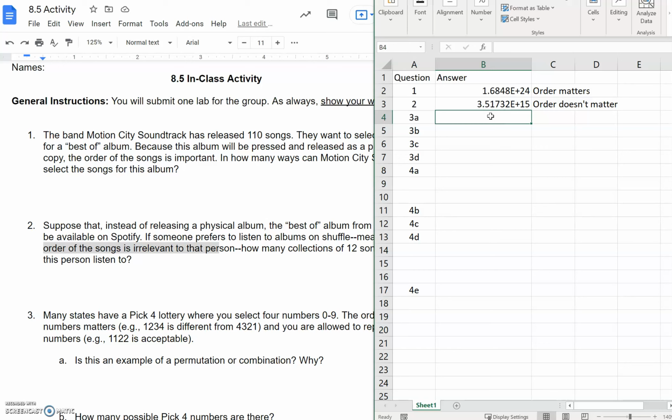But when I take each collection and then say I can order them in a certain fashion, that makes even more. So permutations should generally be larger than combinations, as long as we're talking about the same number of items to choose from and the same number selected.